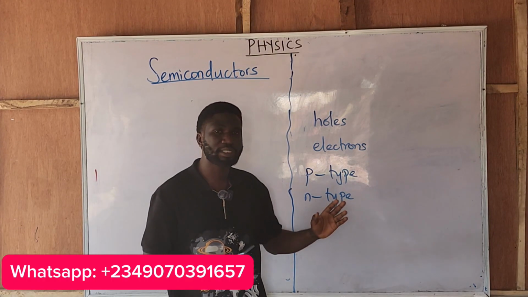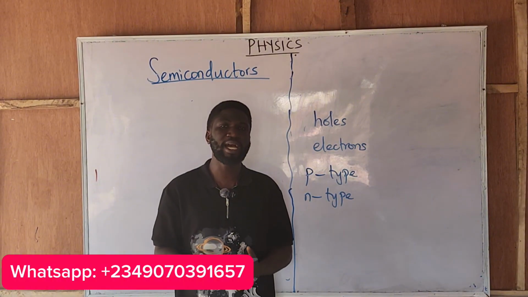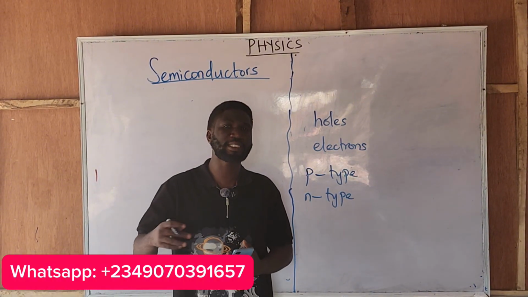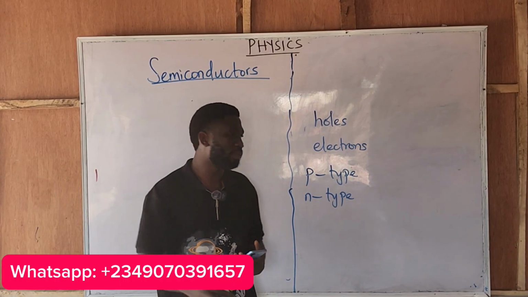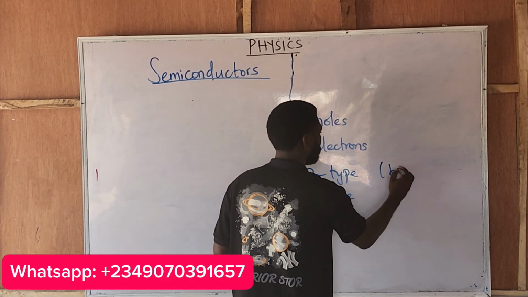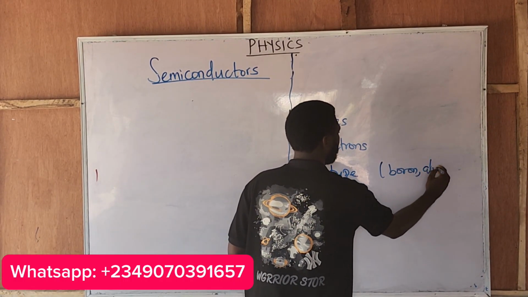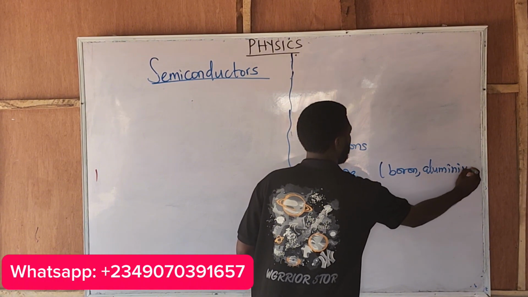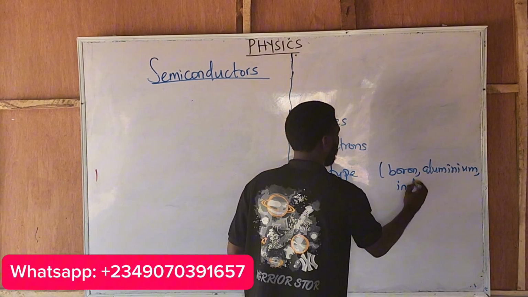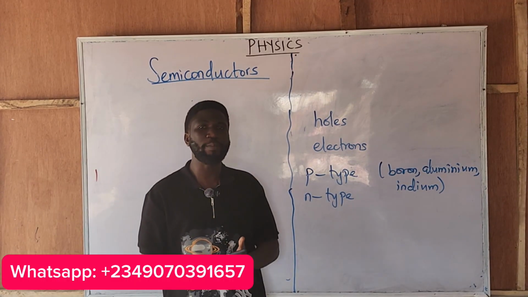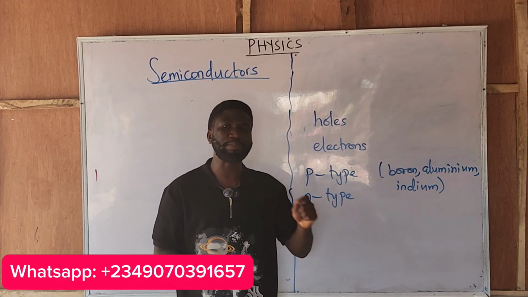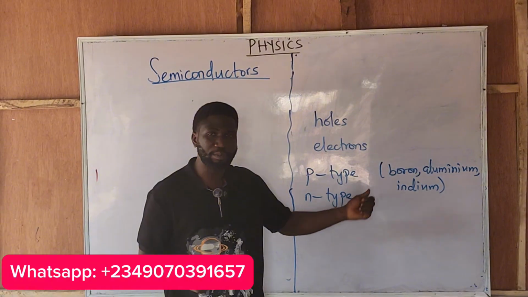So for the p-type semiconductor, if we add a trivalent atom, let's say boron, aluminum, or indium, into a pure semiconductor, then it becomes a p-type semiconductor.